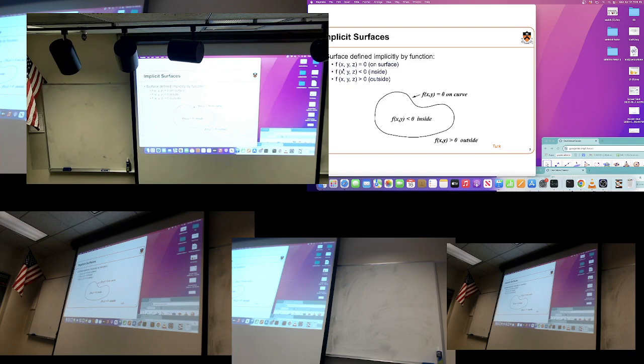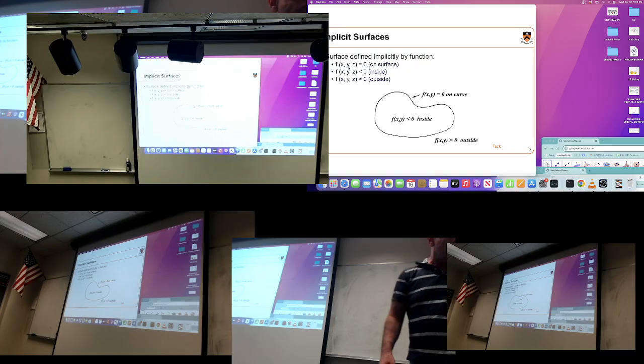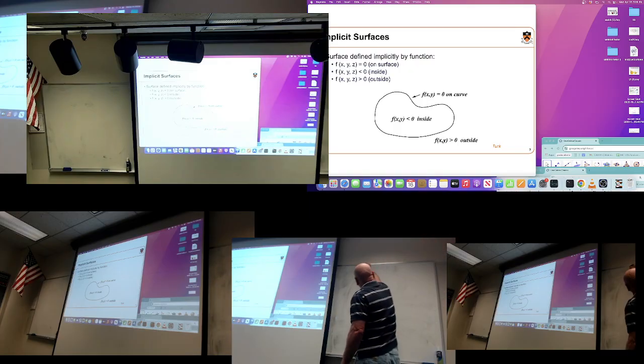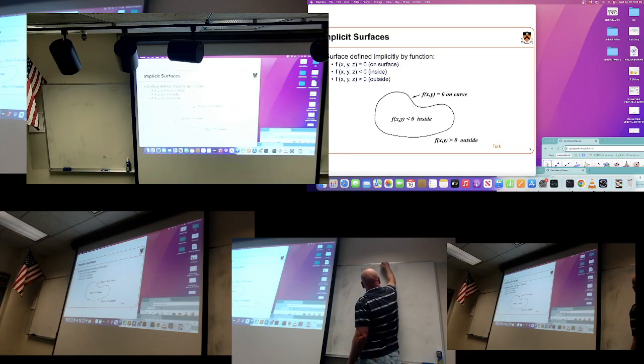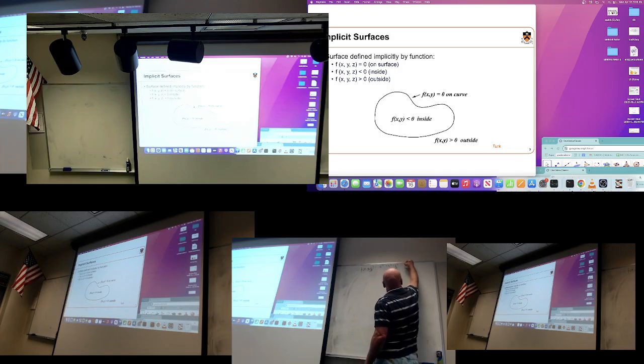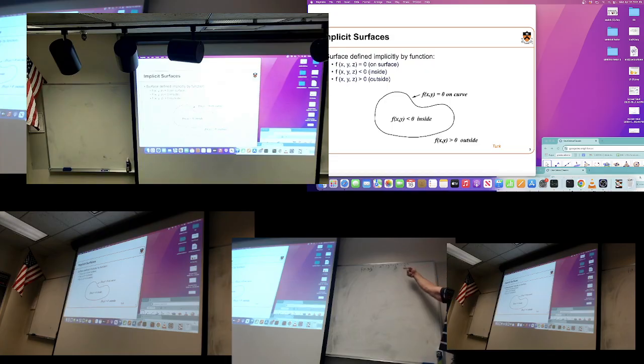Keep in mind that the function might be f of x, y, z equals x squared plus y squared plus z squared minus r squared. If that is centered at the point 0, 0, 0, then this is just the sphere of radius r.